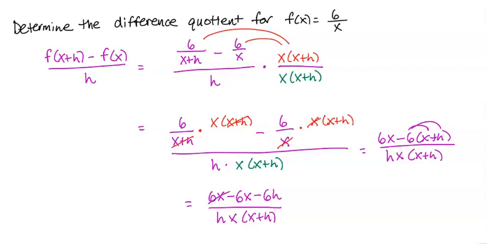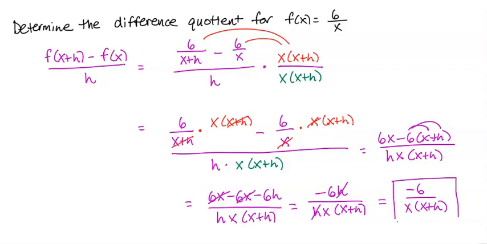So the 6x minus 6x cancels, and we have negative 6h all over h x times x plus h. And then we can even cancel this factor of h with this factor of h to give us our final answer of negative 6 over x times x plus h. So this is our difference quotient for the rational function f of x equals 6 over x.